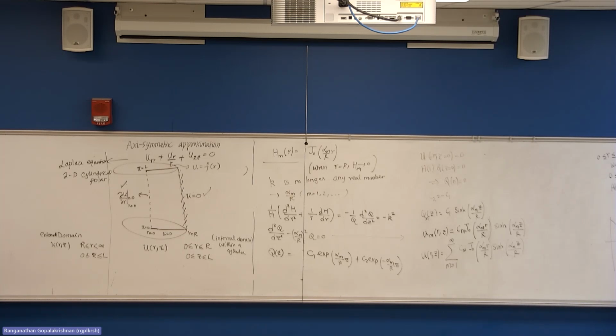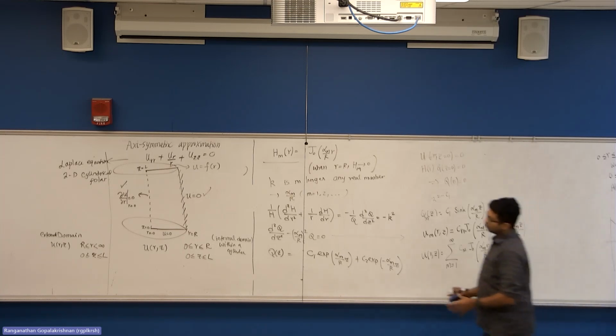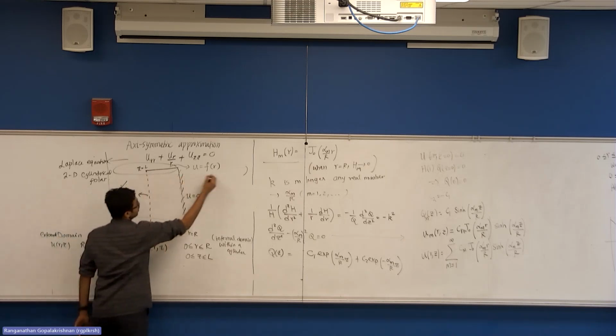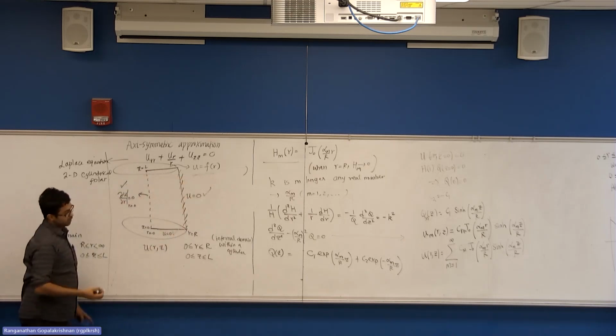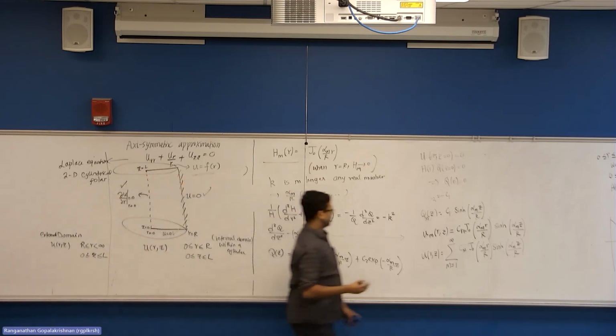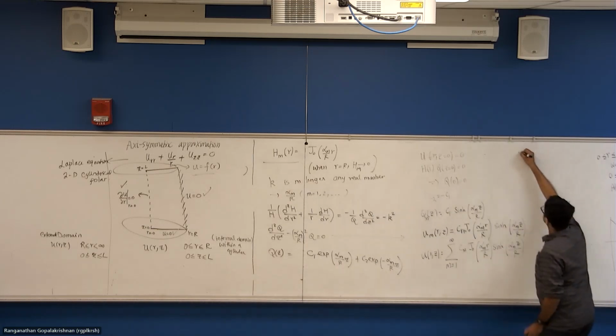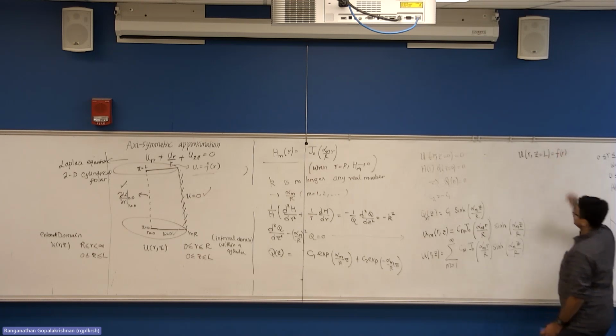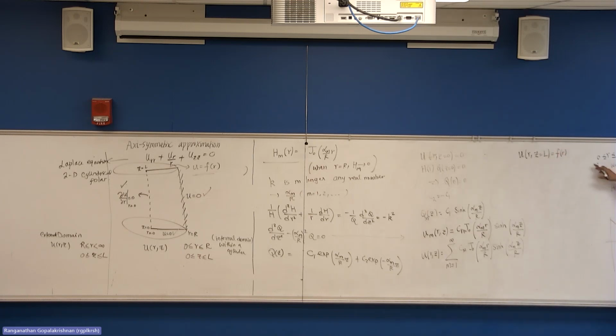What's the last thing that we have yet to use? This is the only boundary condition which we haven't used yet, right? And if we write u of r comma z equal to L equal to a function of r only, that's what f of r is to denote.